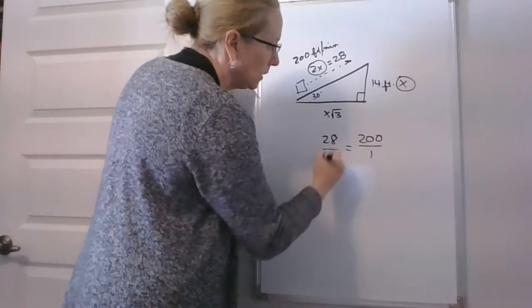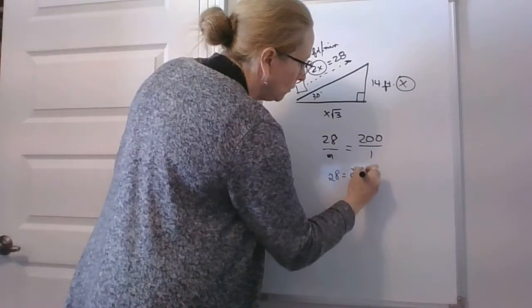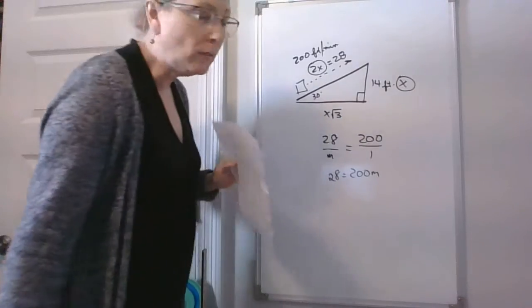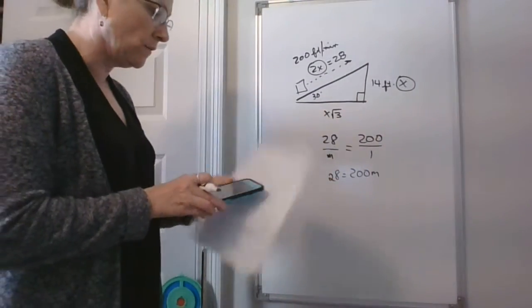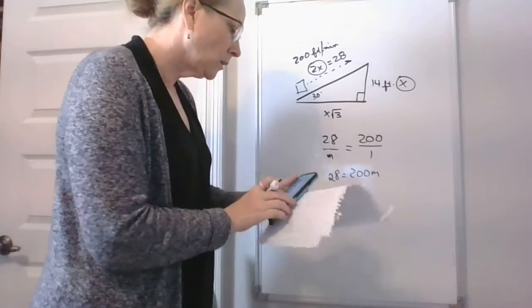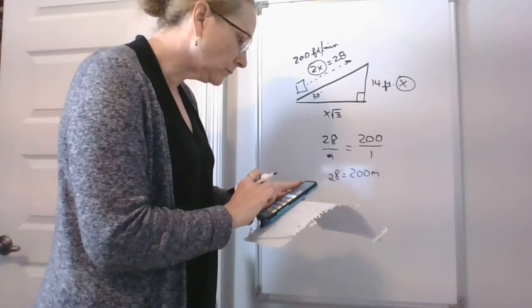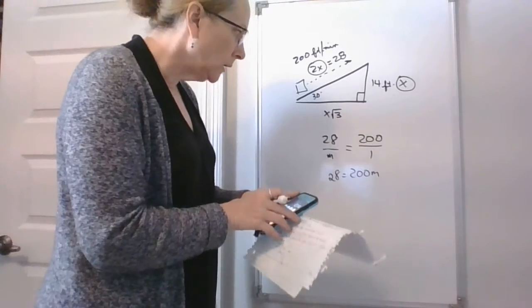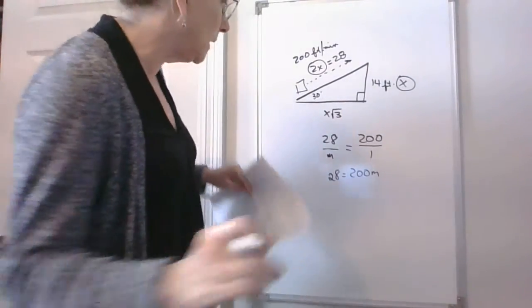Cross multiply, 28 equals 200 m. And then we can just divide and find our value. 28 divided by 200 is 0.14 minutes.